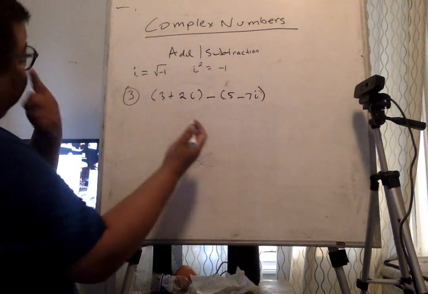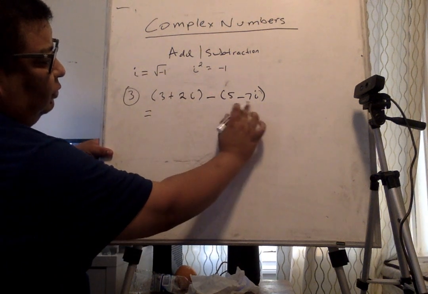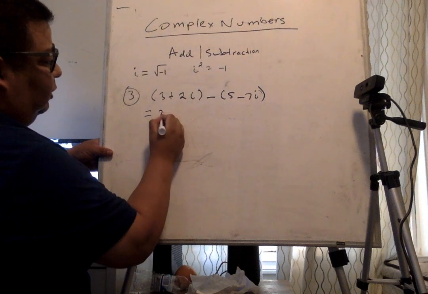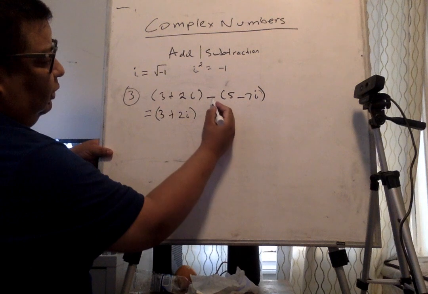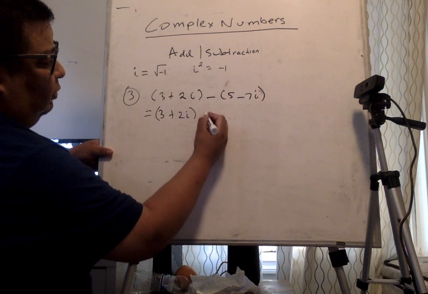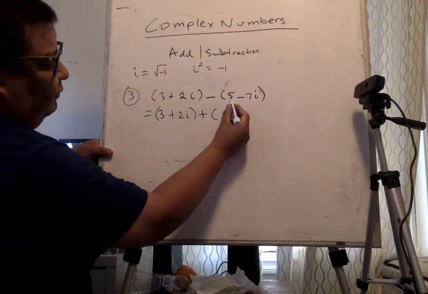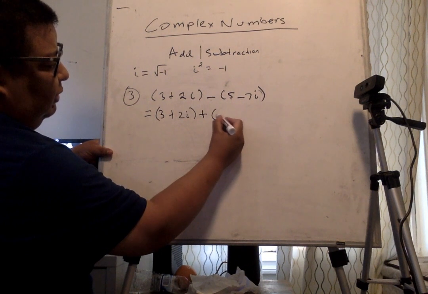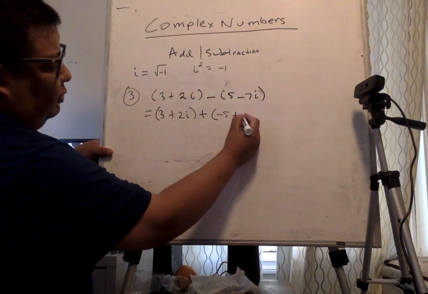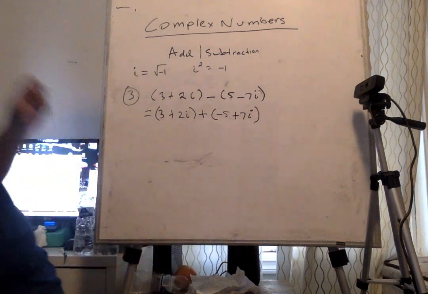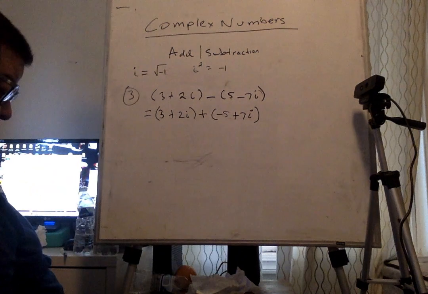We'll do the same type of problem, but in this case we're gonna do an extra step. We're gonna first multiply the negative in the parentheses. So we're gonna do 3 plus 2i, and then plus, in parentheses, negative times 5, that would be negative 5. Negative 1 times negative 7 would be positive 7i. So that's the first step. You need to get rid of this negative, distribute it.